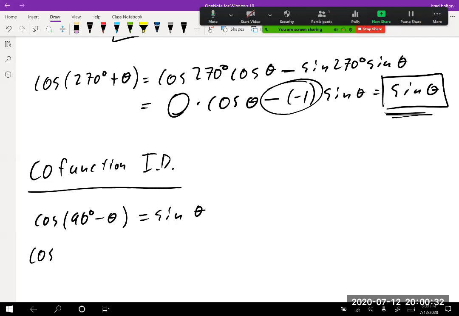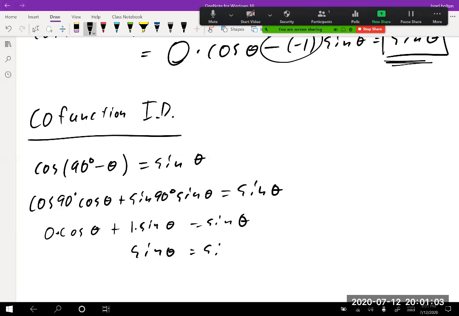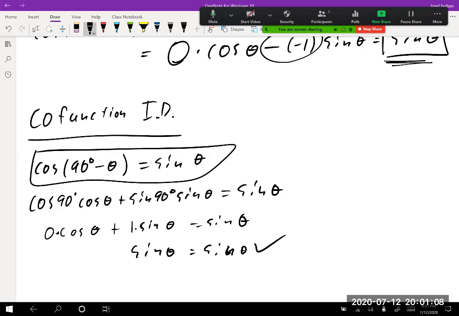We could say this is the cosine of 90 cosine of theta plus sine of 90 degrees sine of theta. And hopefully that will equal the sine of theta, right? We're trying to check that. Well, this is going to become 0 cosine of theta. And this is going to become plus 1 sine theta. So we know that sine of theta equals sine of theta. So this is an identity that exists.